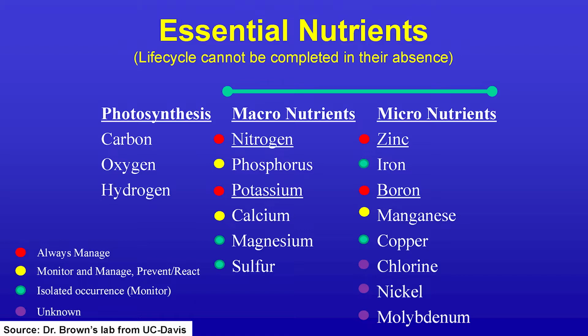In red, those are the nutrients that in almond production you always have to manage. Every season, every year, you need to think about those nutrients. In yellow, the ones that you have to monitor and manage accordingly, and the ones in green, isolated occurrence.